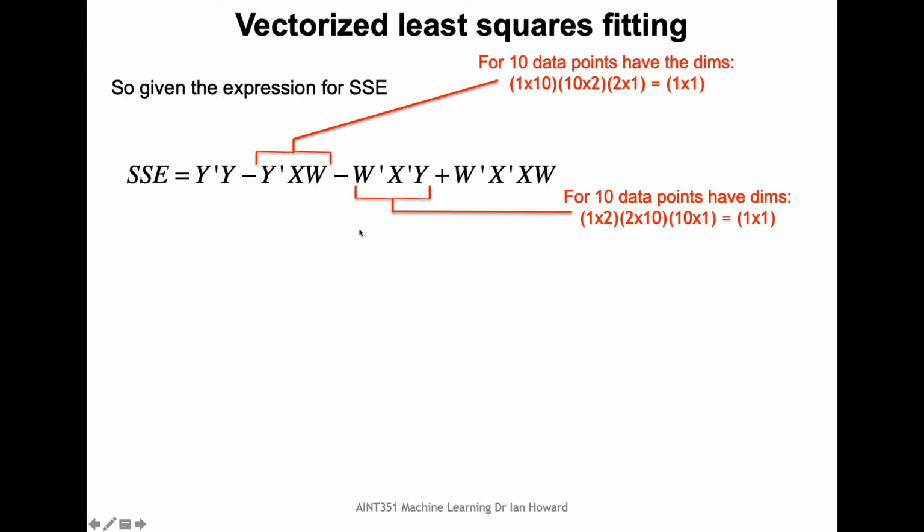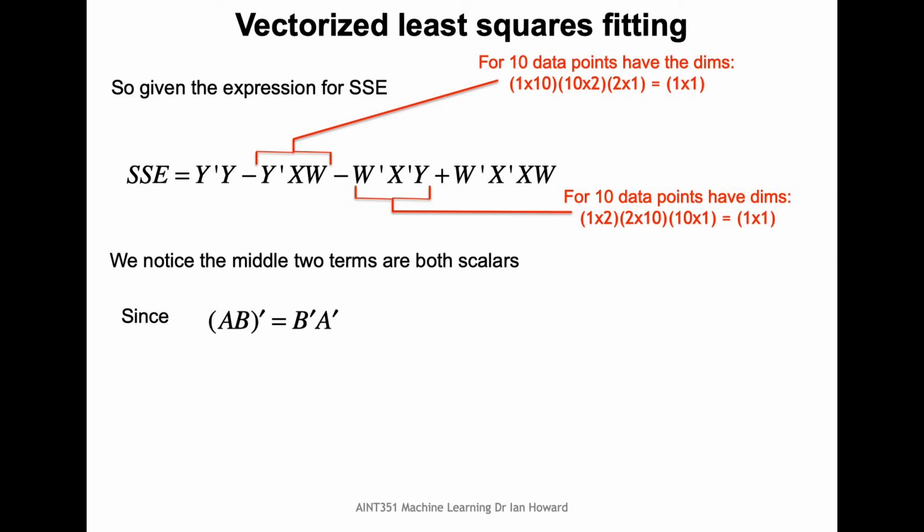So consequently, these are 1 by 1 values, and if it's a 1 by 1, it means we can transpose it and the value's the same. So we notice that these central terms are scalars. Using again the operation that we can take the transpose of a product, we switch the order of the matrices and then individually transpose them.